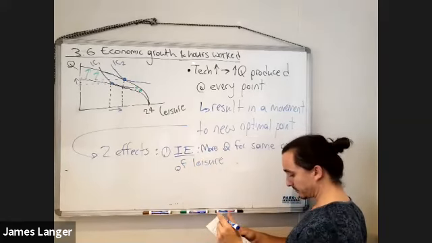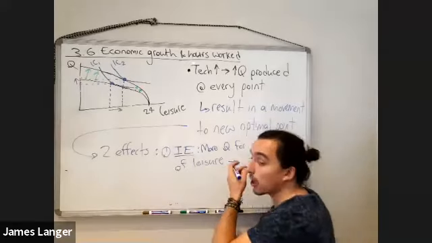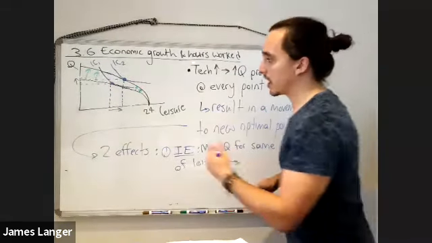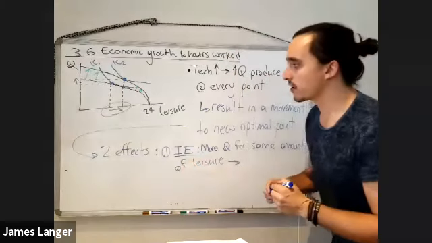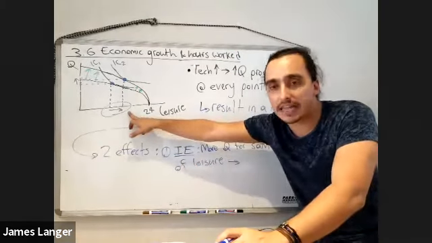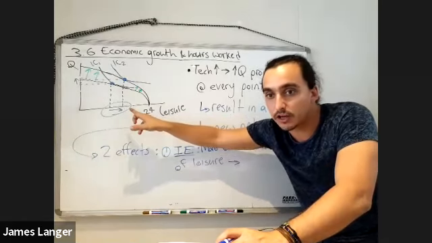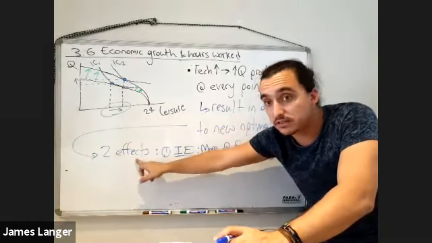Okay? So, sorry guys, this is actually what I want to talk about. I want to focus on this. I want to focus on the effect that this had on leisure. So that's what we're talking about here, the effect that this had on leisure. So, the two effects on leisure.